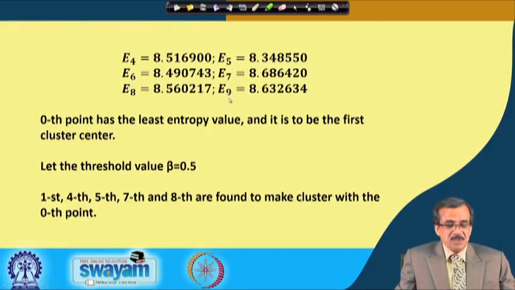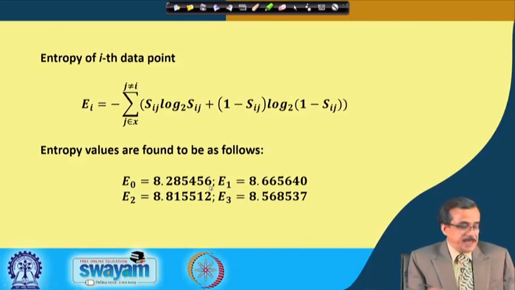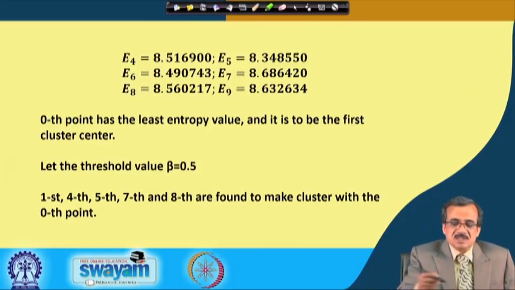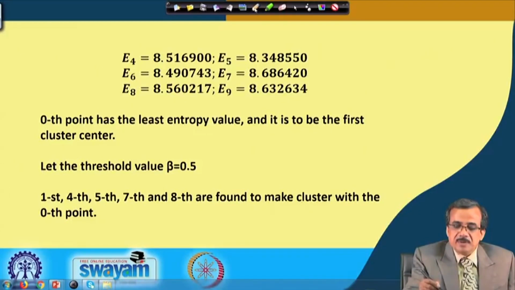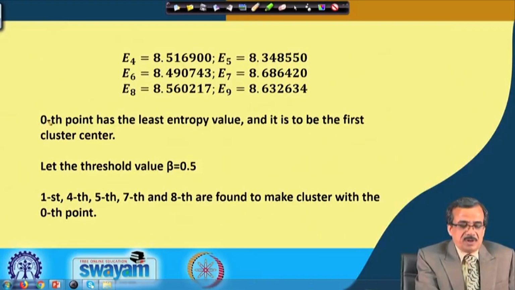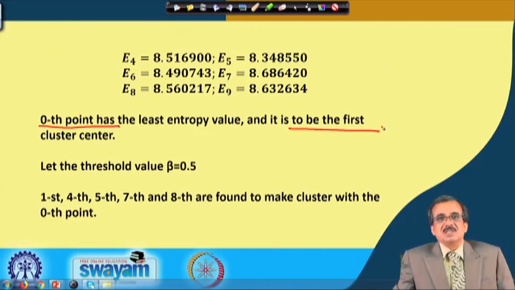Now, if I compare all the entropy values, like E naught, E 1, E 2, E 3, E 4, E 5, E 6, E 7, E 8 and E 9, the minimum in terms of the numerical value will be your E naught. That means the first point will be selected as the first cluster center, because the 0th point is nothing but the first cluster center.